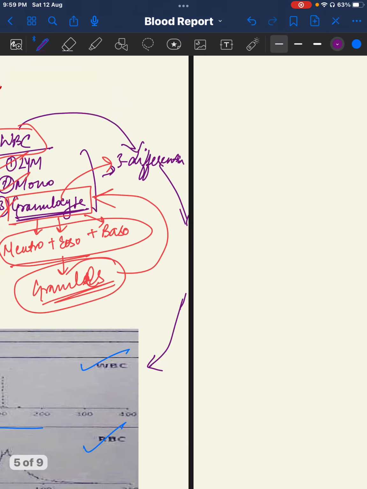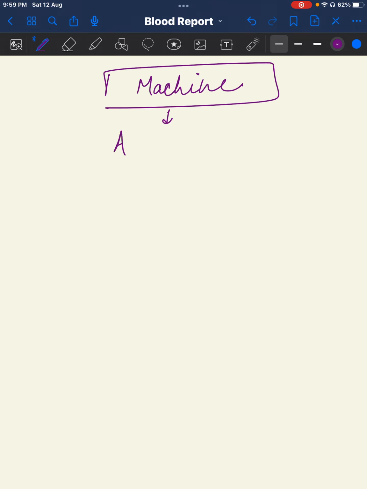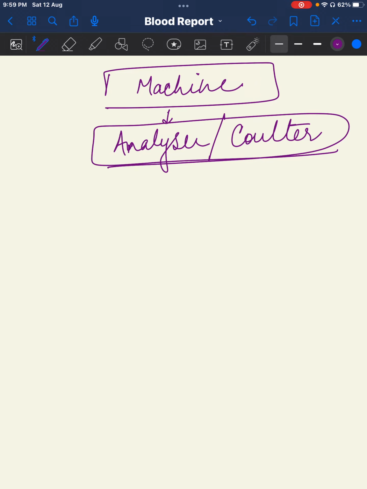Okay. Now, this is what determines what type of machine you are using. So I'll tell you here, if your machine, okay, or for that matter, analyzer or coulter, all these names we use for the hematology CBC analyzers.